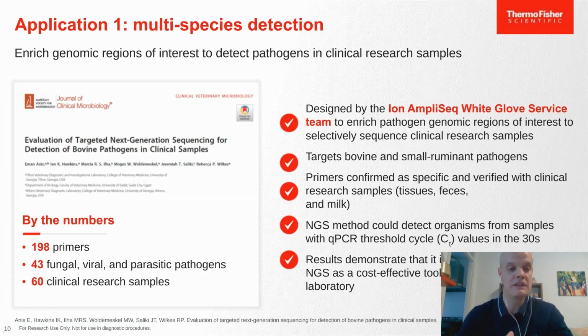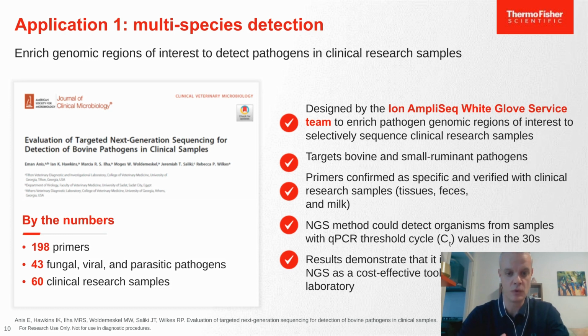In this case, the design strategy is to enrich genomic regions of interest to detect pathogens in clinical research samples. So you have samples, you want to detect certain pathogens in those specimens. The idea is to prepare a library that will specifically enrich for those, and from the data, you can figure out what pathogen is or is not in that particular sample.